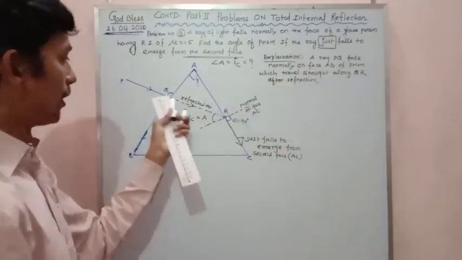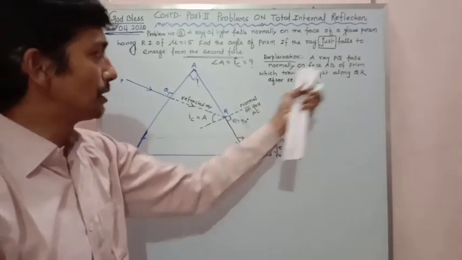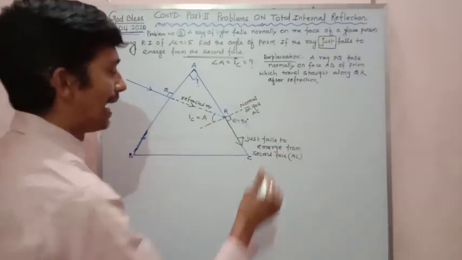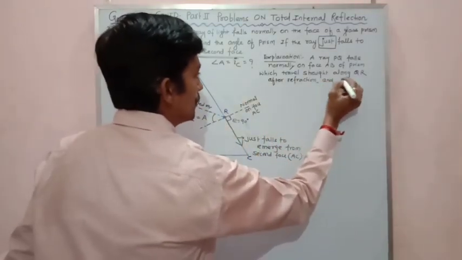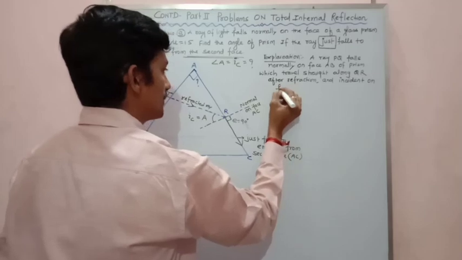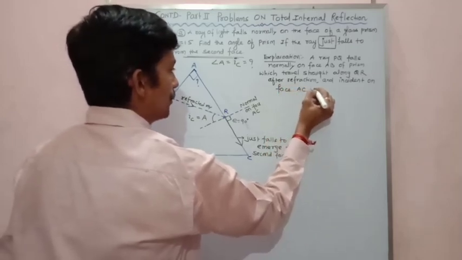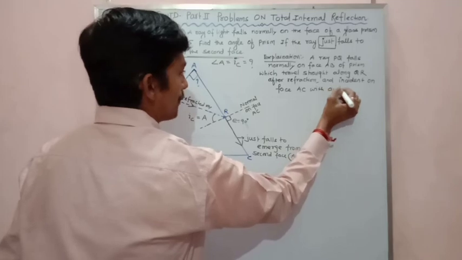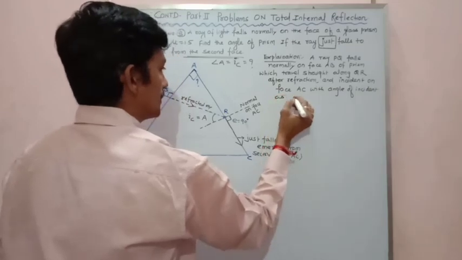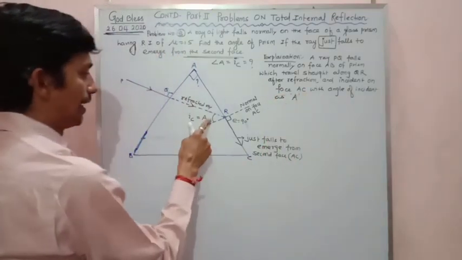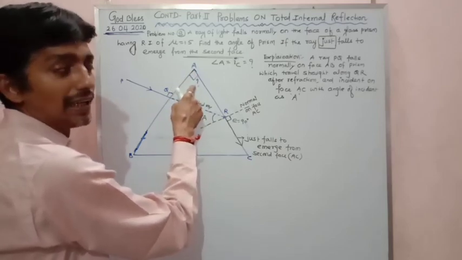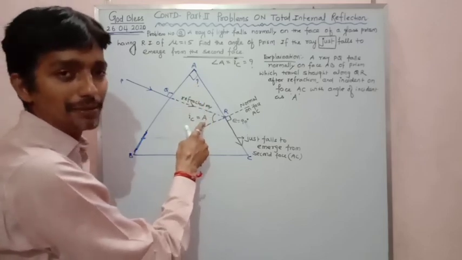A ray PQ falls normally on face AB of prism, which travels straight along QR after refraction and is incident on face AC with angle of incidence as A. Here I make the angle of incidence as A because I told you right now the angle is A. Earlier it was 45 degree, there I had made 45 degree.